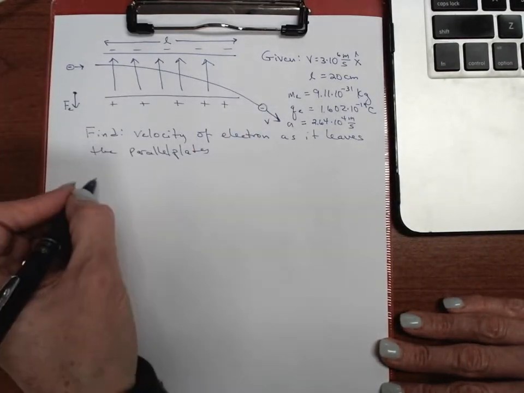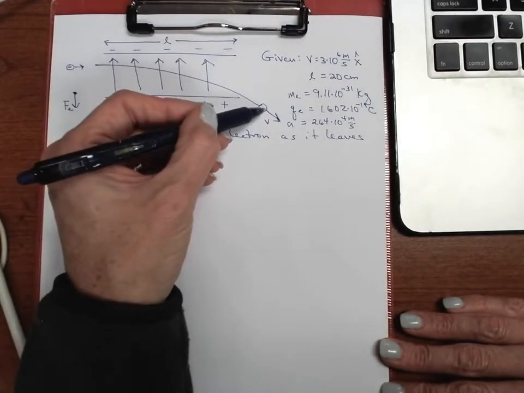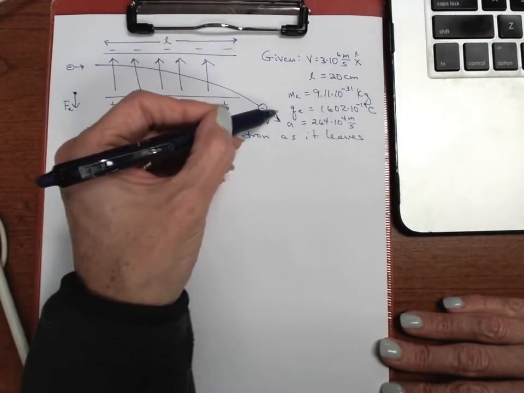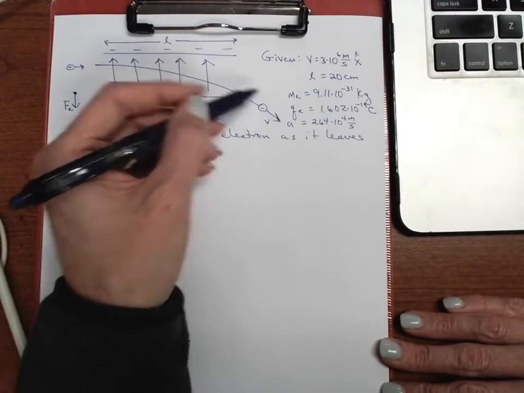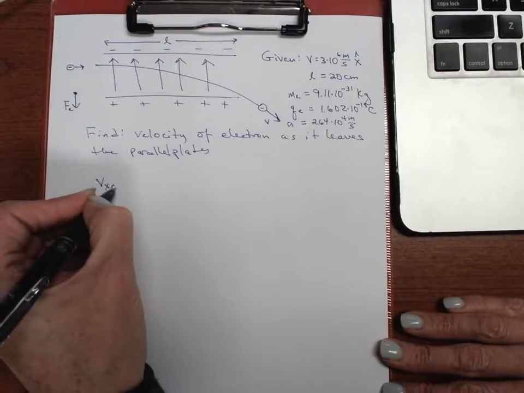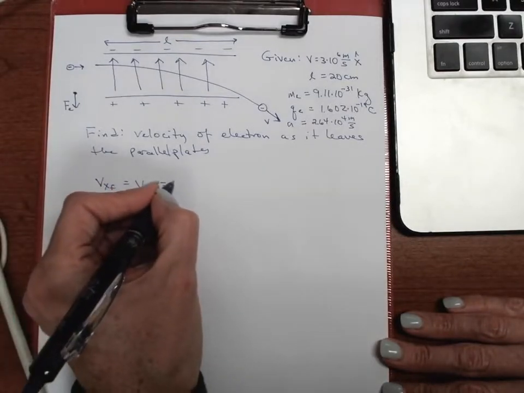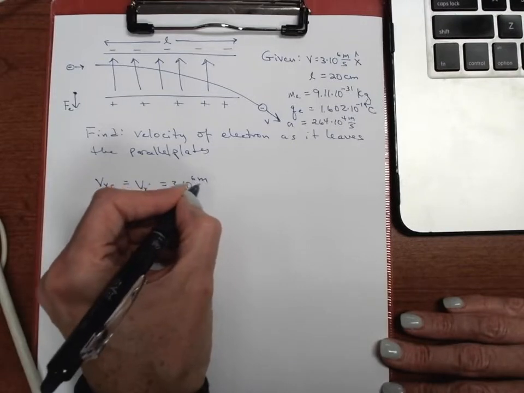I know two things. I know the velocity when it leaves is going to have an x component and a y component. My x component is going to be the same, so my Vx final is going to equal my Vx initial, which is 3 times 10 to the 6th meters per second.